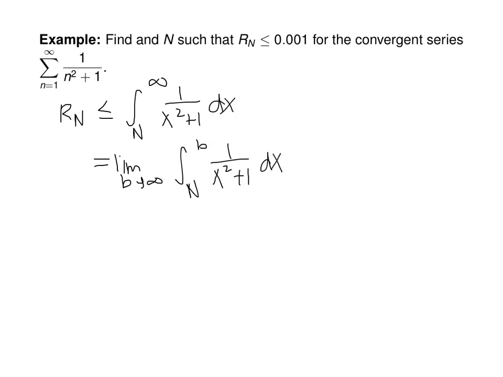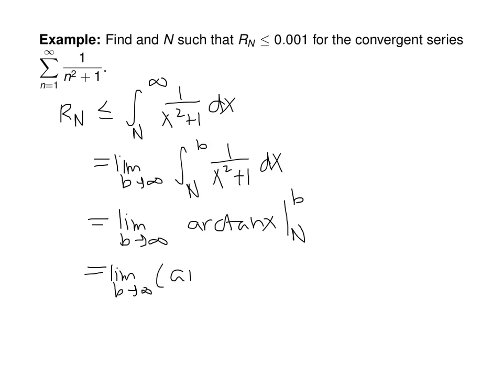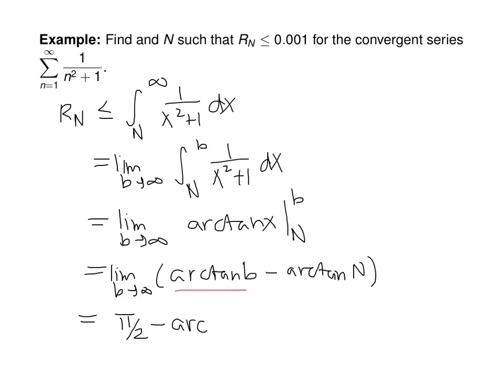And an antiderivative of 1 over x squared plus 1 is arctangent. So limit as b goes to infinity, arctan x, evaluated from n to b. So you have the limit as b goes to infinity, arctan b minus arctan n. And as b goes to infinity, arctan of b goes to pi halves. So r sub n is less than or equal to pi halves minus arctan n.